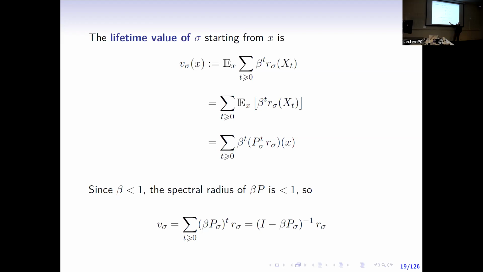If you're not familiar with this, imagine that this is just a number, and that number is less than 1. This is a geometric series, and then it would be 1 over 1 minus the number. So this is just the matrix version of basic geometry.